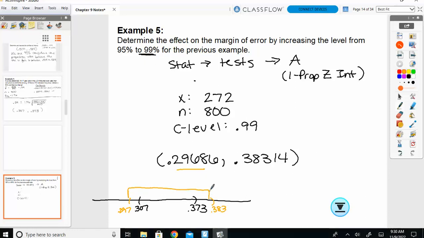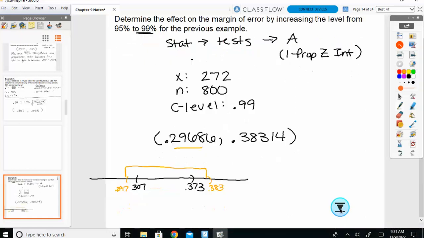So what happened to it? It got wider, right? And that's going to happen. If I want to ensure 99% of the values are between it, I'm going to have to stretch them out a little bit. You know, if I only need 80%, I can make it a pretty narrow range. But the higher my confidence level, the wider that interval is going to be.